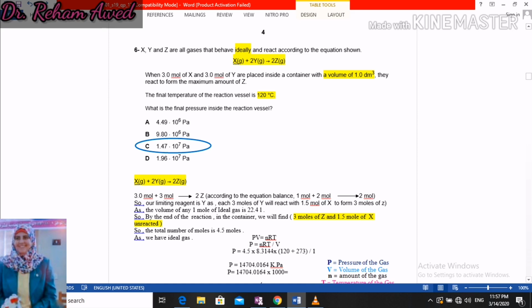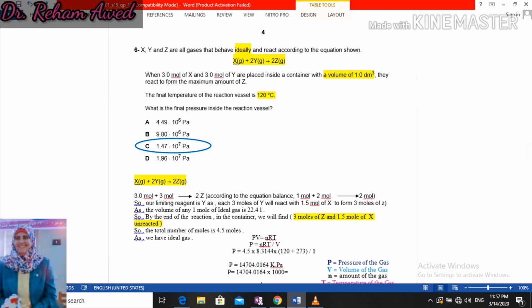We will go again to the reaction. We have X gas plus 2Y gas will form 2Z gas. We started the reaction with 3 moles of X plus 3 moles of Y to form 2Z.